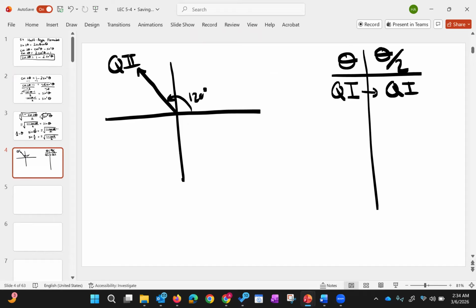If I take half this angle, that'd be 60. So if I'm in quadrant 2 and I take half my angle, I wind up with an angle that's back into quadrant 1. Okay, let's test this theory on some higher angles. We did 120, but let's just test with a bigger angle.